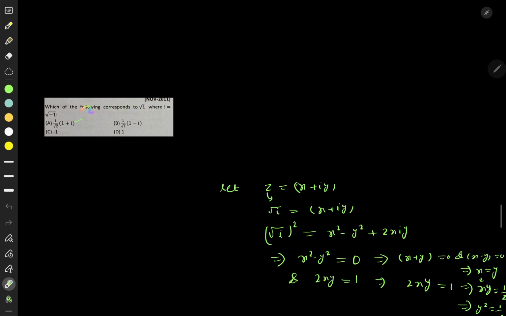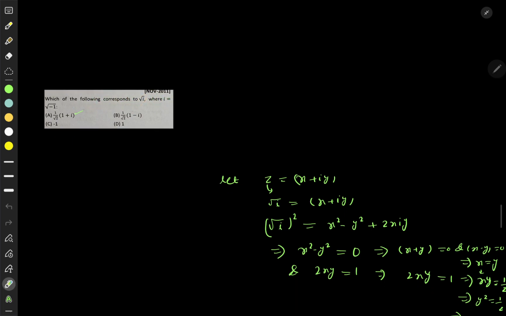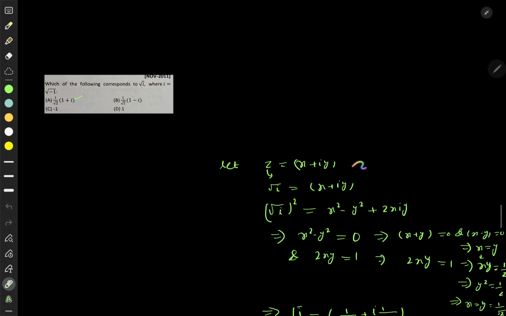Now, which of the following corresponds to under root iota, where iota equals under root minus 1? You know z equal to x plus iota y, and it is saying under root iota. So under root iota equals under root x plus iota y, square it, and you are having these two equations.